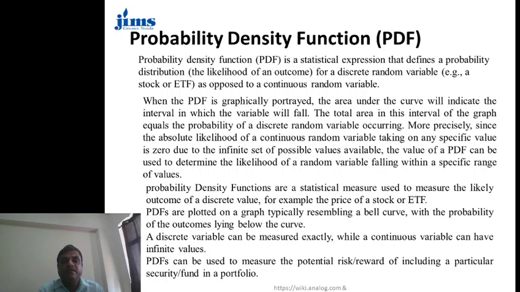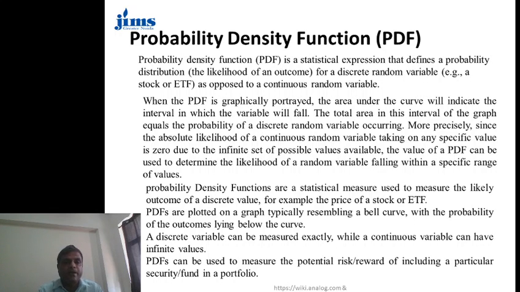When the PDF is graphically portrayed, the area under the curve will indicate the interval in which the variable will fall. The total area in this interval of the graph equals the probability of a random variable occurrence.